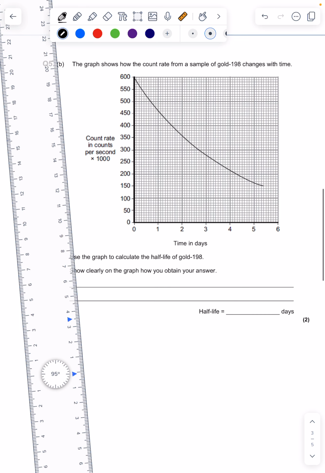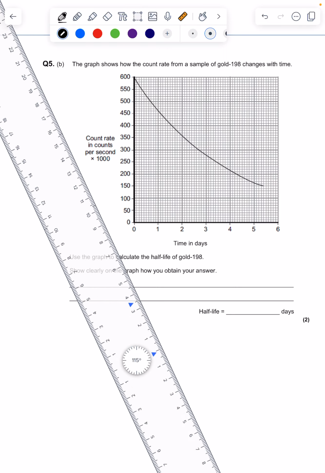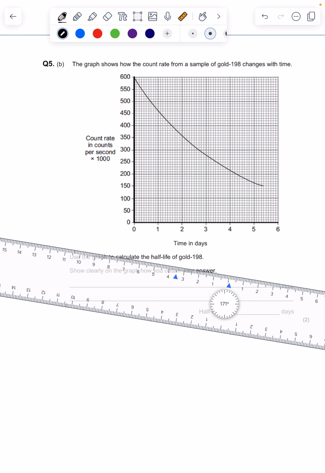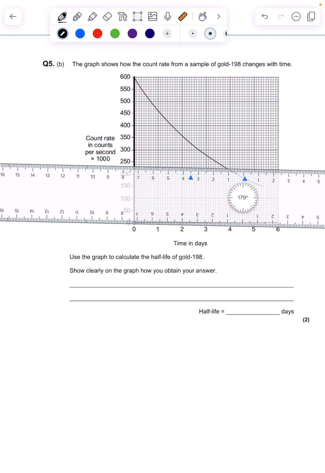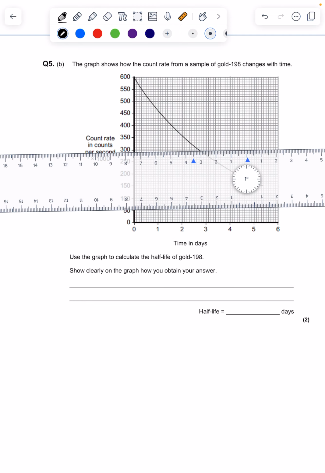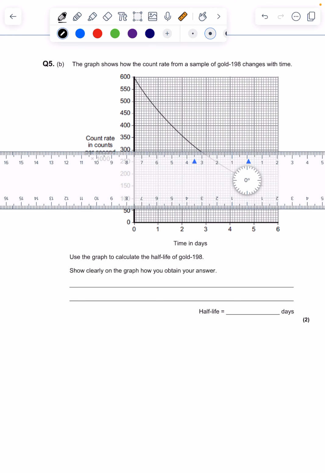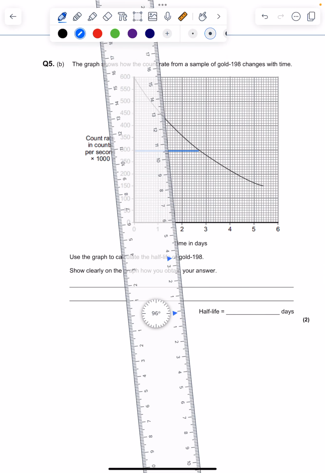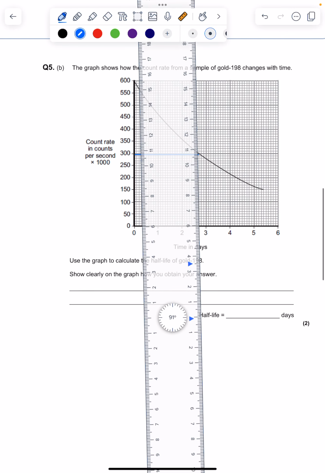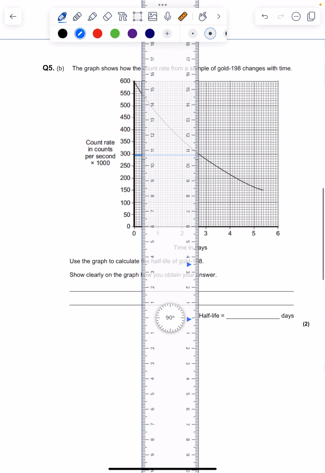Next up, the graph shows how the count rate from a sample of gold-198 changes with time. How would we calculate the half-life from this graph? So again, half of 600 is going to be 300. So we draw a line at 300 to our graph, and then we mark the point where it goes down.